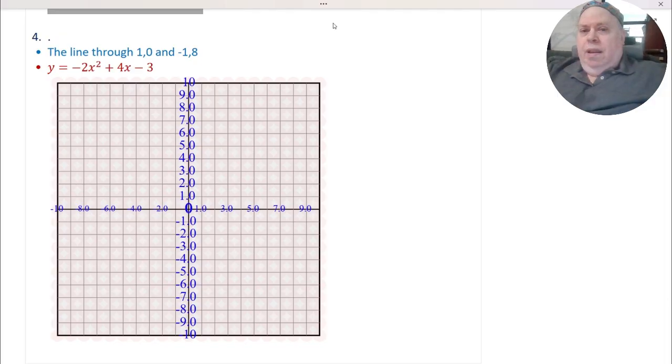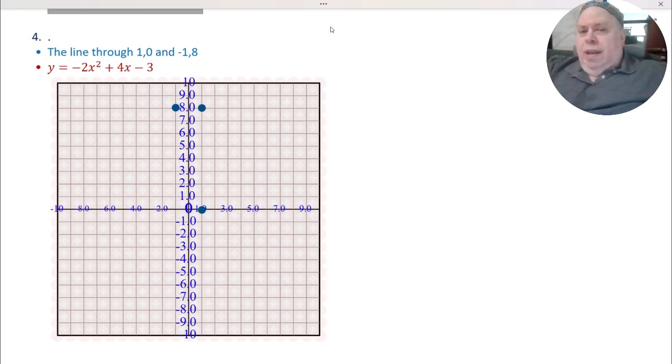So we start by, I'm going to make it blue, and we put down, always start by putting down the two dots at, in this case, 1, 0, and minus 1, 8. And then I'm going to find the graphical slope. That's always part of drawing the line through that, is finding the graphical slope.